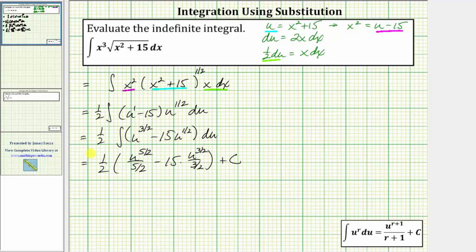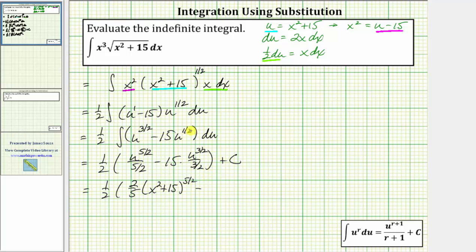And now let's simplify. This is 1/2 times the quantity. Dividing by 5/2 is the same as multiplying by 2/5. This is 2/5 times u to the 5/2, which is really the quantity x squared plus 15 to the 5/2.